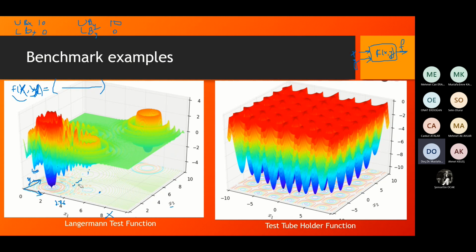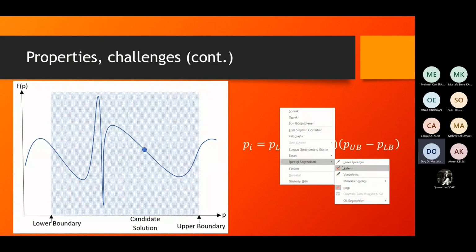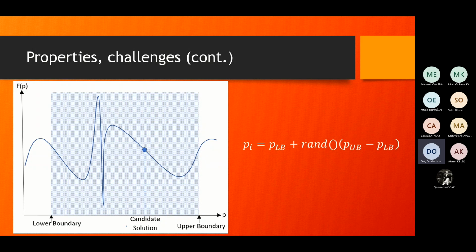Thank you. How will we be producing random points? If you remember, I have given you a formula in here. Let me correct this one.